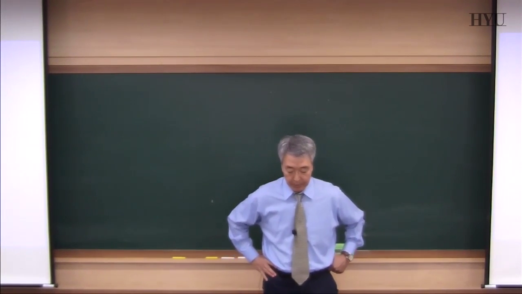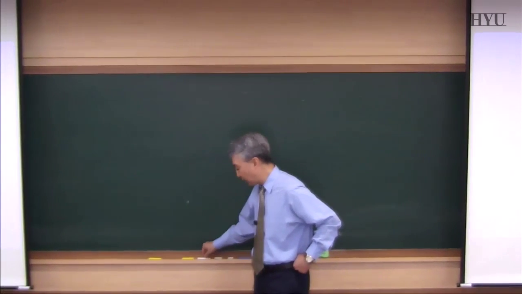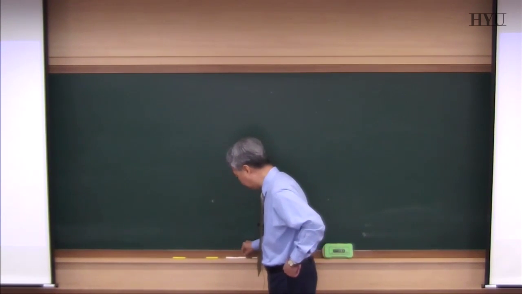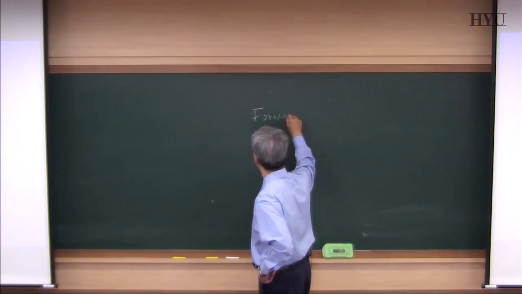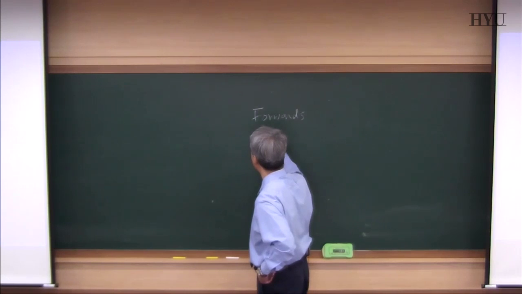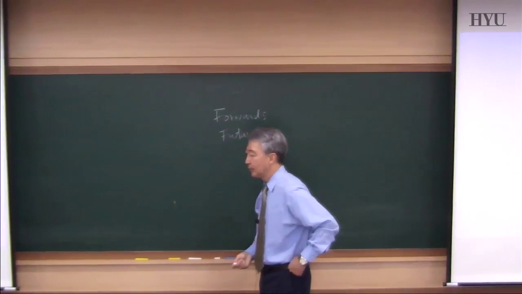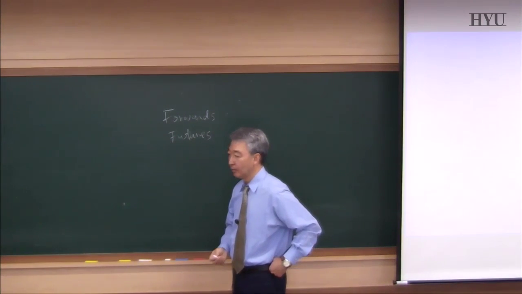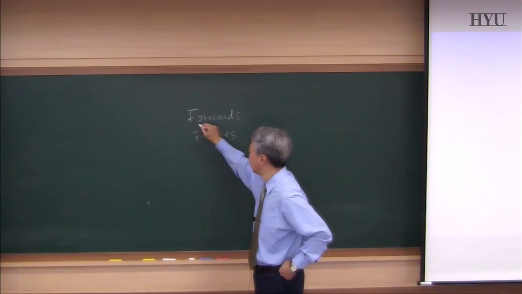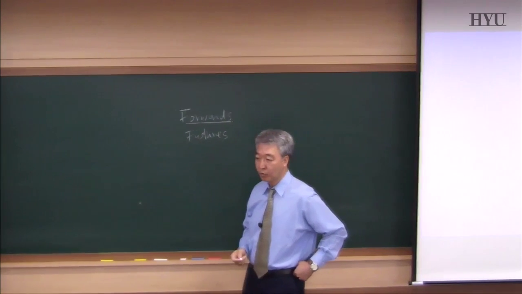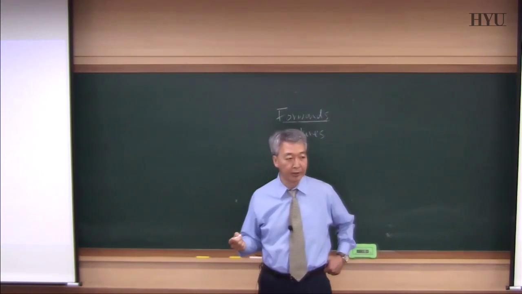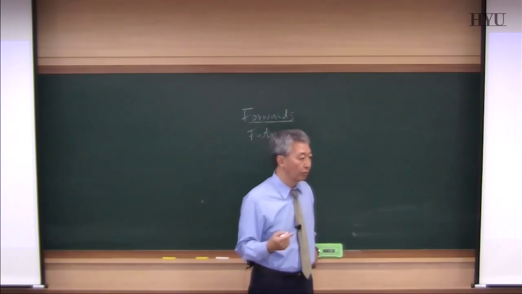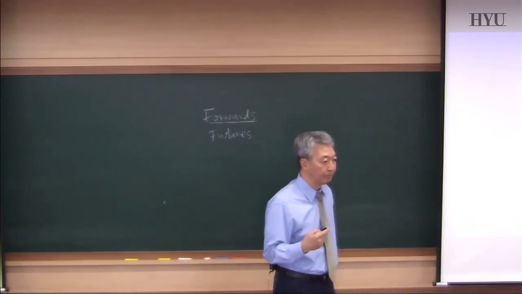There are similar concepts like forwards and futures. They are kind of different from options. With forwards, you have the right to buy or sell, but then the other party has an obligation, or you also have an obligation to buy.